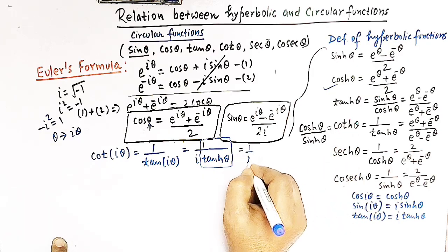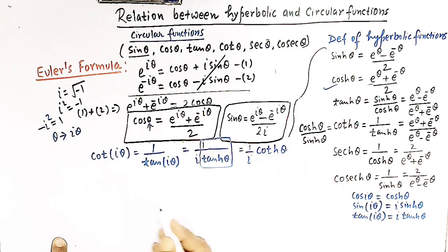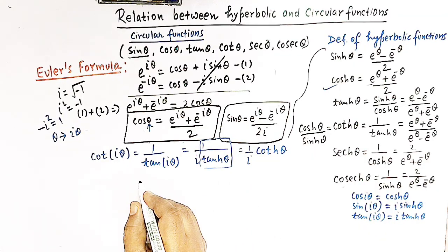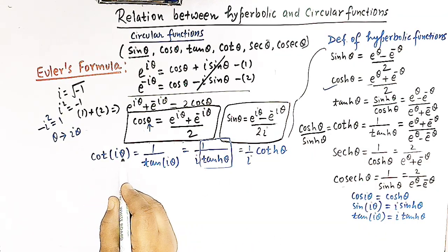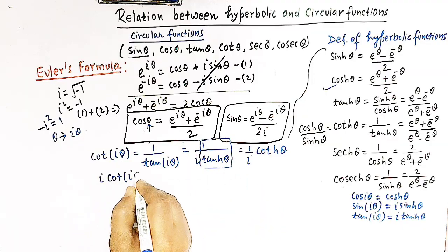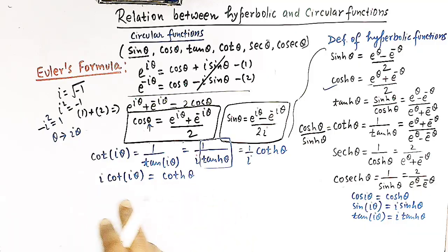So we have 1 over i, and here we have coth θ. Multiplying cot(iθ) with i, we have i times cot(iθ) is equal to the hyperbolic cotangent of θ. So this is another relation.